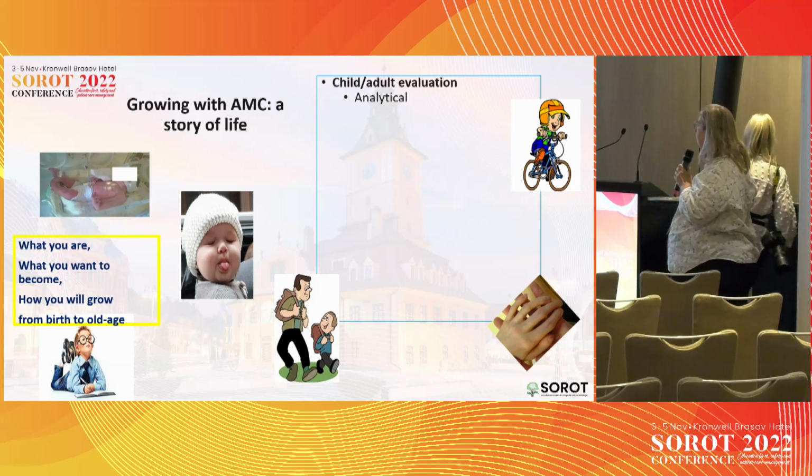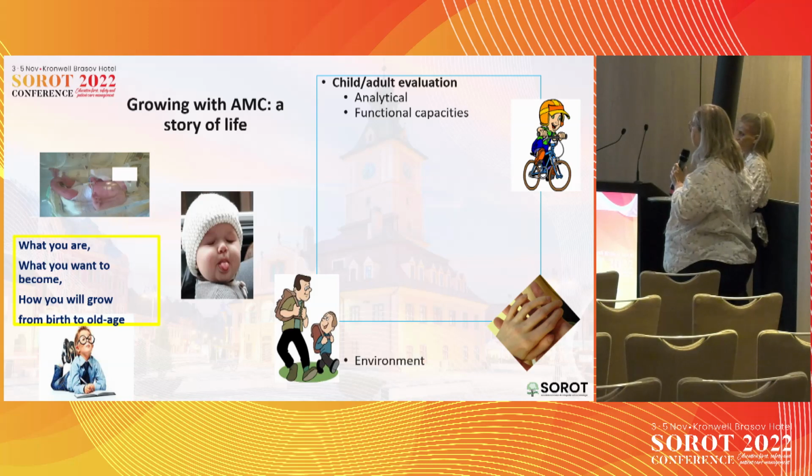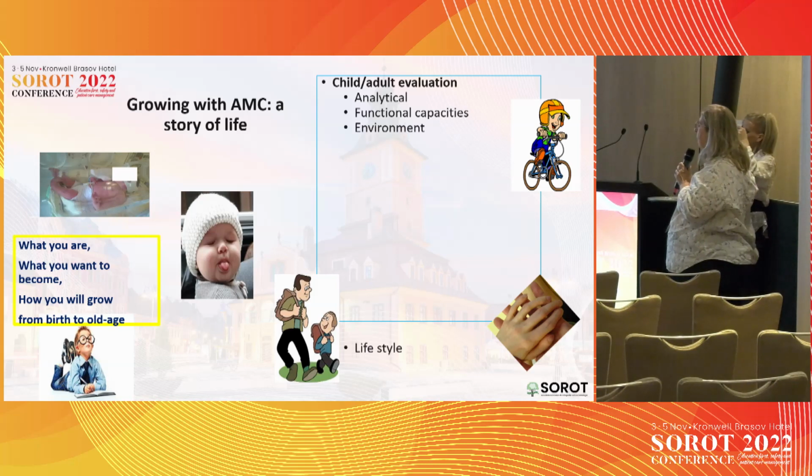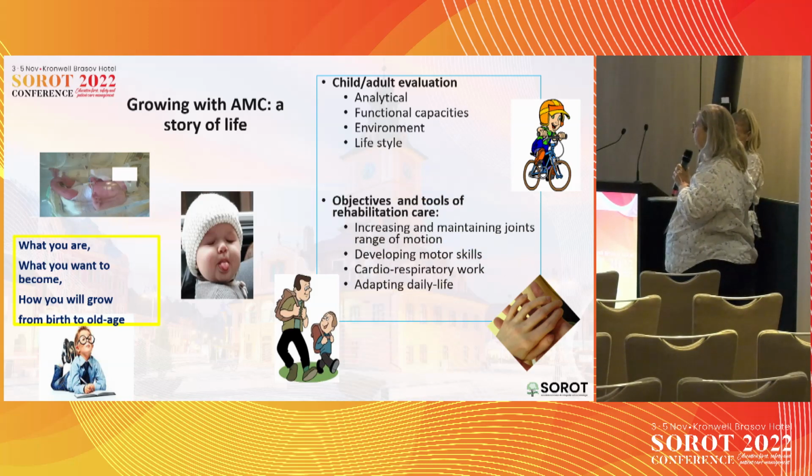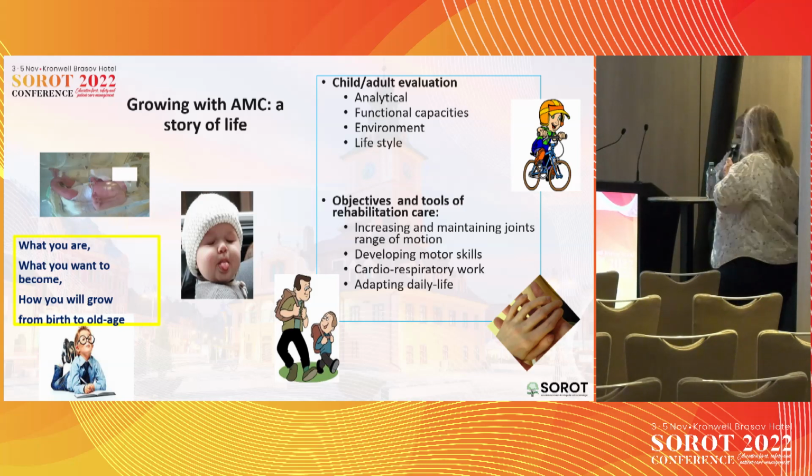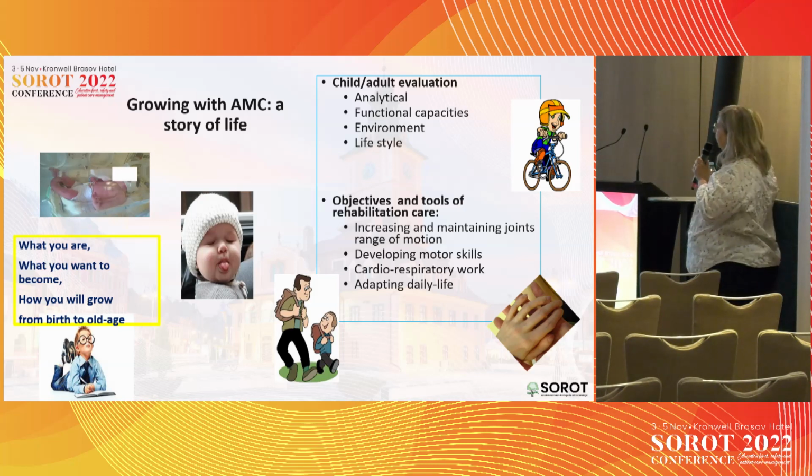So we are rehabilitation doctors, and we try to see how children grow up with AMC. It's a story of life. So we have to build the project of life with the family: what they want, what they dream about for the children, and what we can do with this kind of children.